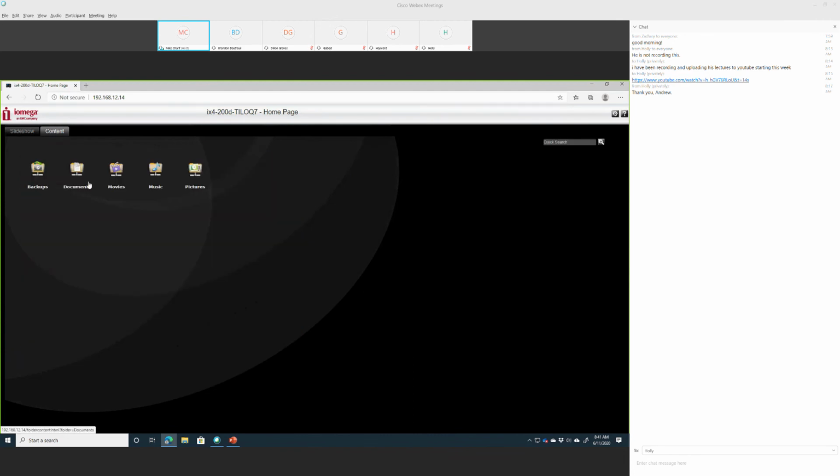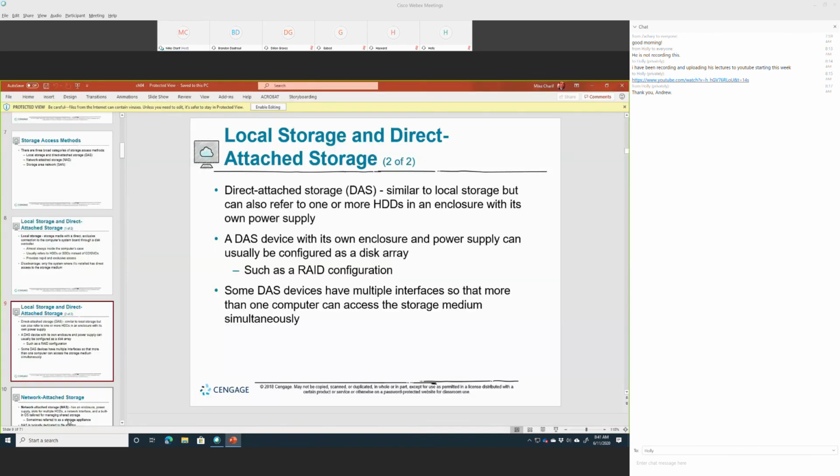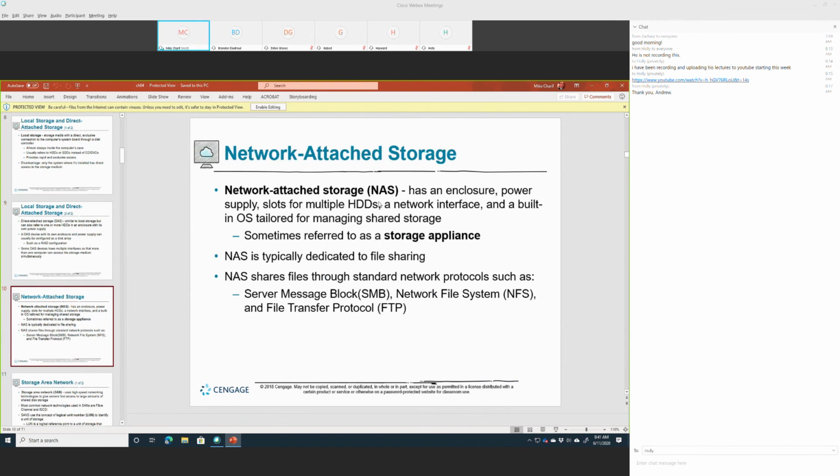And you can put whatever you want on here. You can save it, whatever you want. Just to give you an example. And by the way, this box, it's like a square box, has 3 hard drives. It has RAID 5 in it. And like they described, it has its own power supply. You can put them on the network, and you can use it as an FTP server. So people can access from anywhere. So there's a lot of different ways to do it. And that's what NAS is.